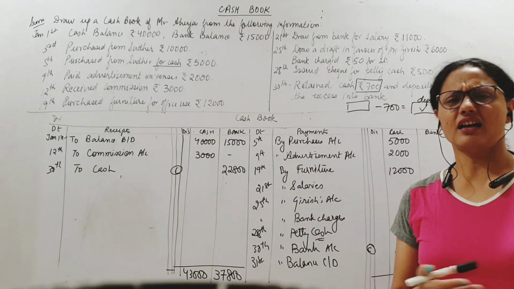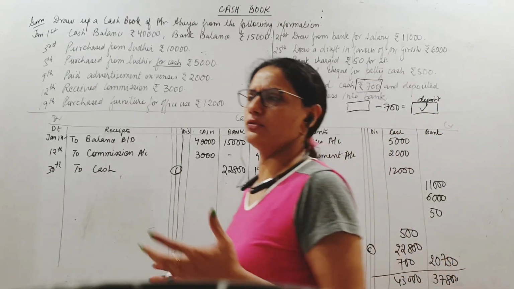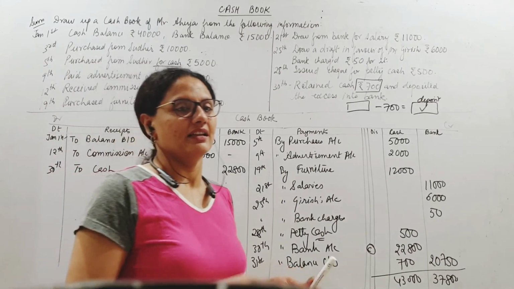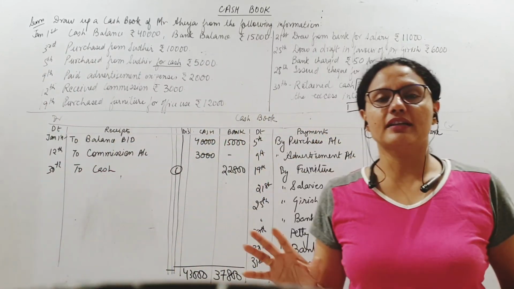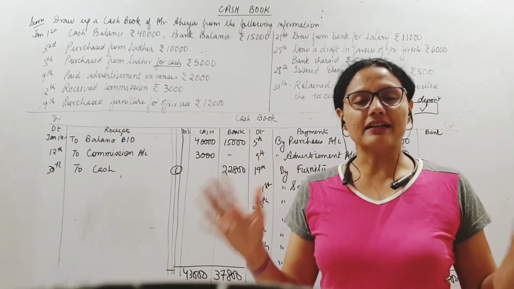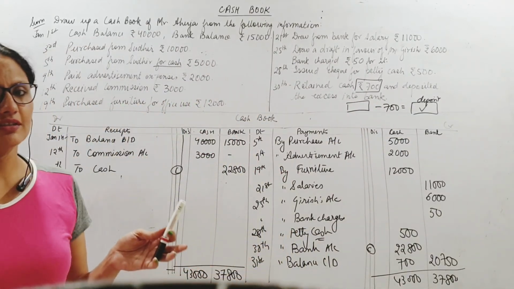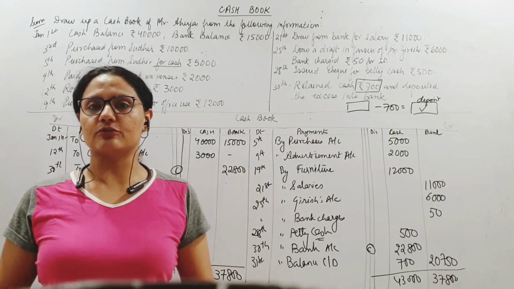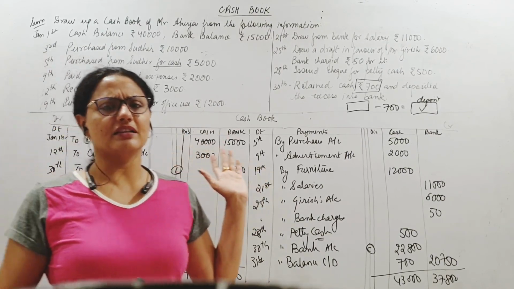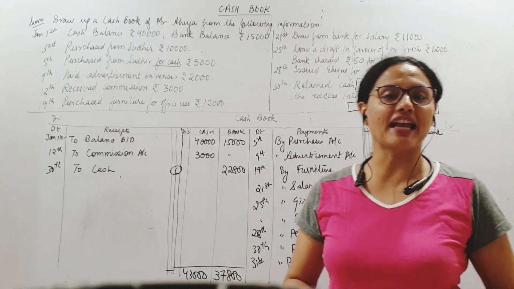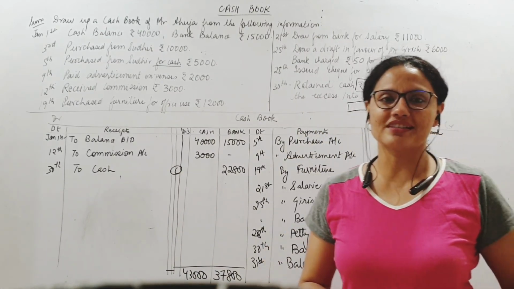So here are sort of few places where you might go wrong. Of course, you will not go wrong if you practice well. So whatever videos I have made on cash book cover the majority of the types of transactions that usually come for a cash book sum. But if you've got the concept clear, I can bet that you can do any transaction related to cash book. So keep practicing more sums, children.